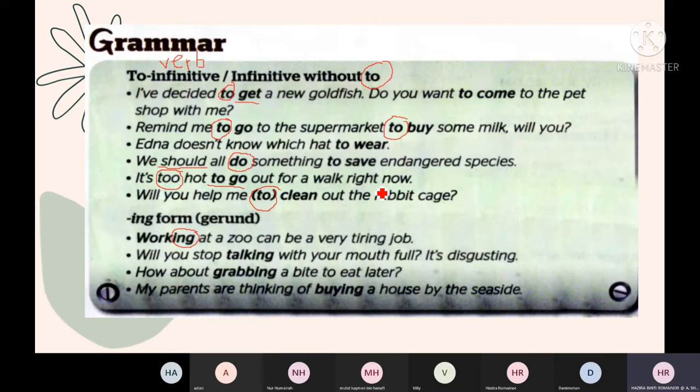Bila verb tu awak tambah ing, it becomes a gerund. Will you stop talking with your mouth full? It's disgusting. How about grabbing a bite to eat later? My parents are thinking of buying a house by the seaside. So all the verbs here, they put ing because it refers to gerund.